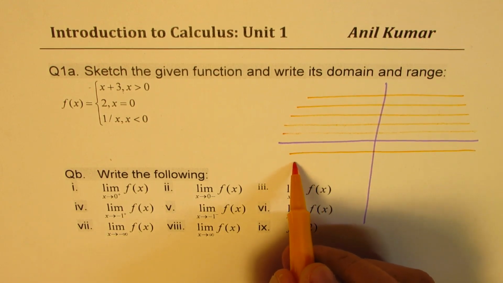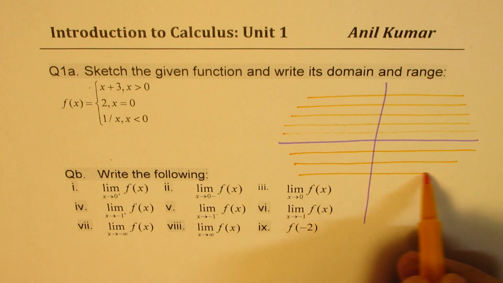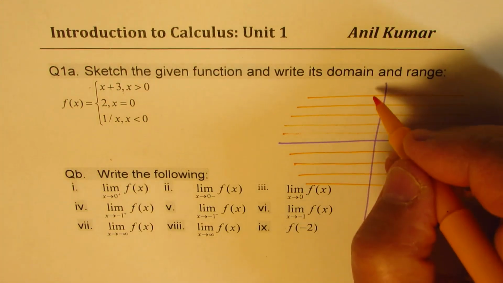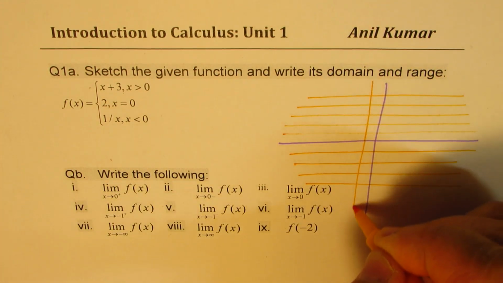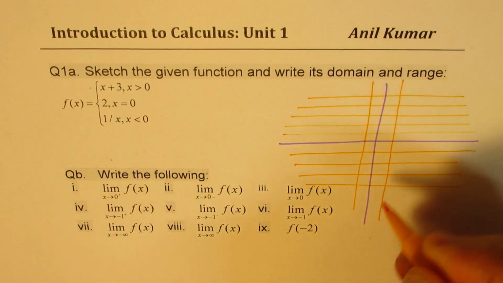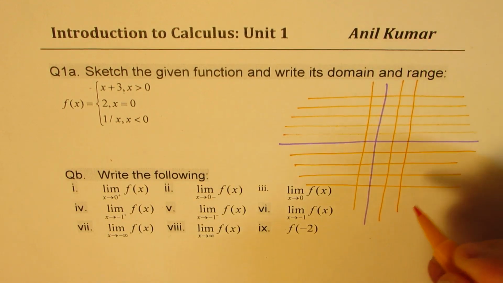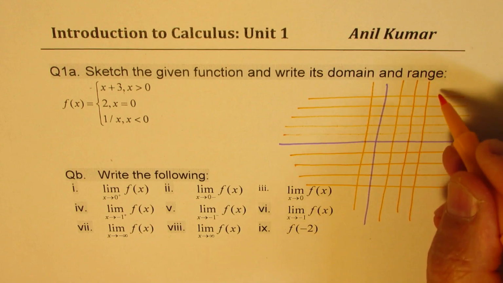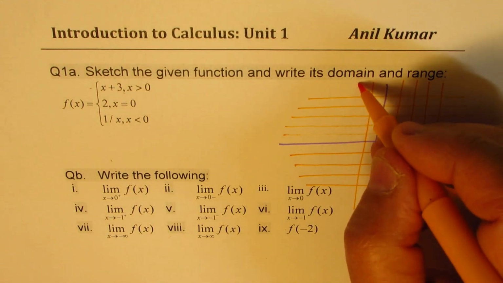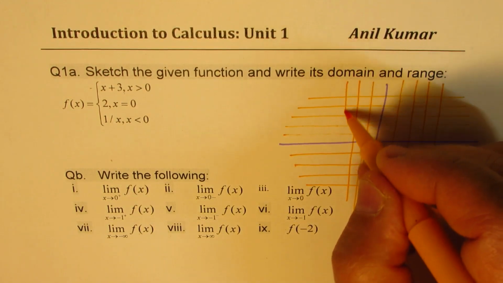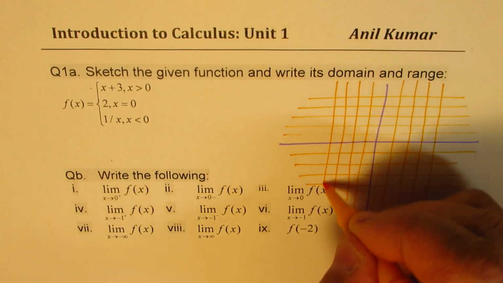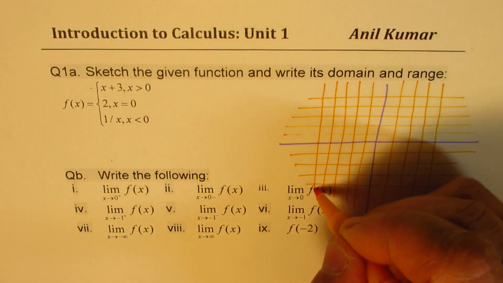We are working near 0. I'd like you to pause the video, answer this question, and then check your answers with my solution. That will be good. So this is going to be a rough sketch, but I hope it helps you to understand the concepts.